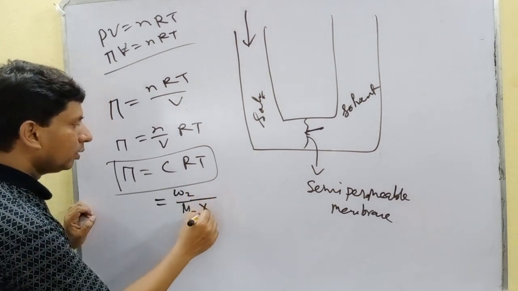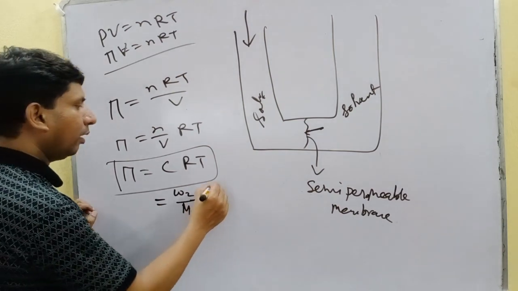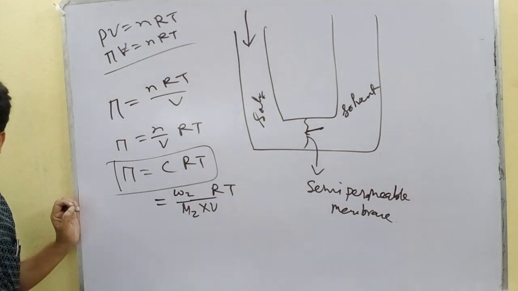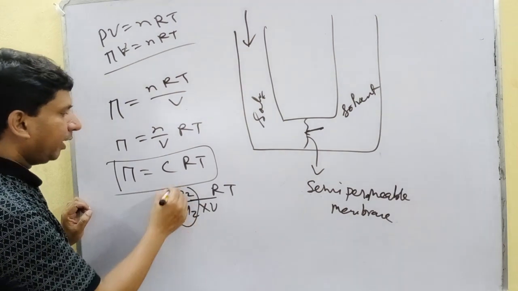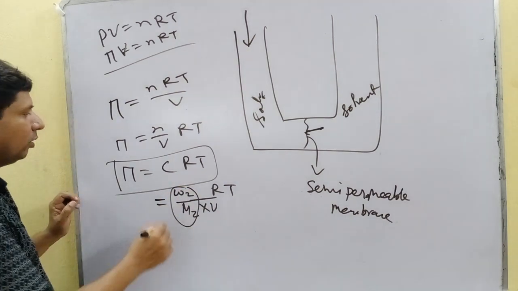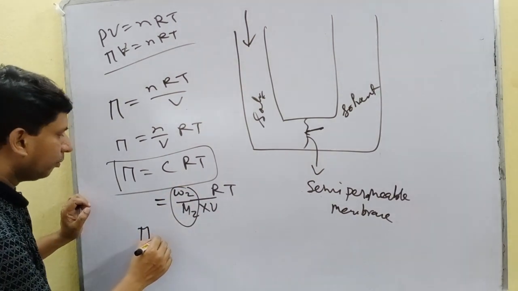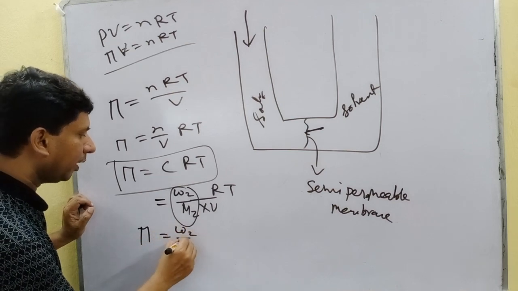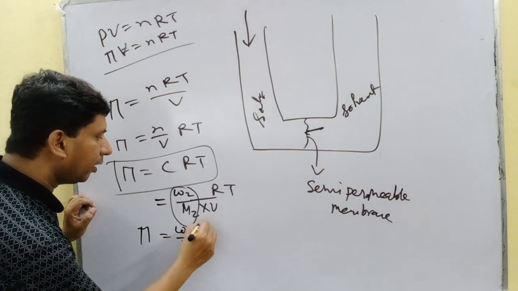So this is V and RT. So here this is n and this is V. So pi equals W2 by M2 into V, RT.